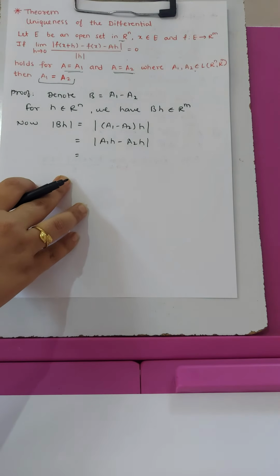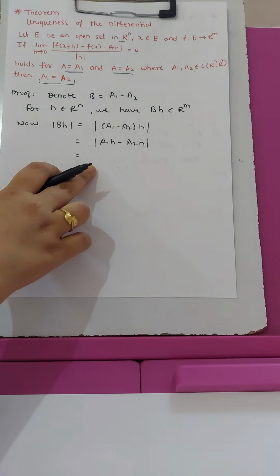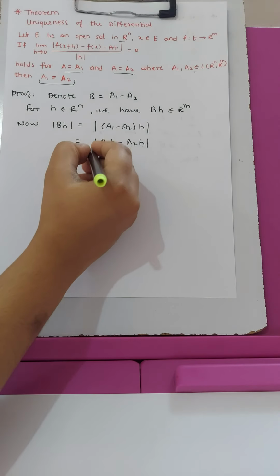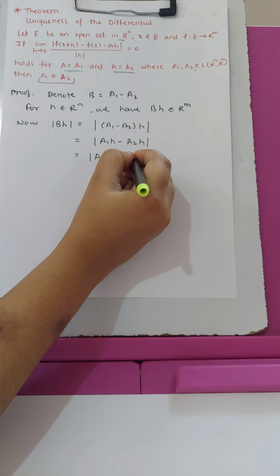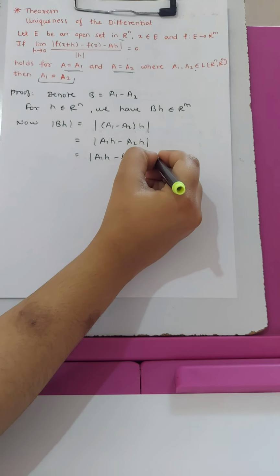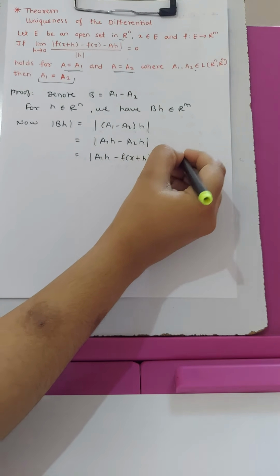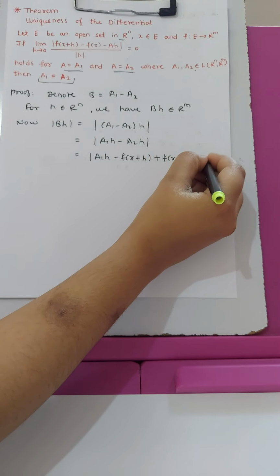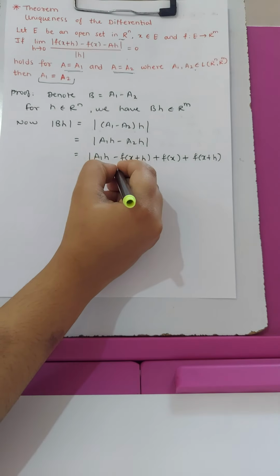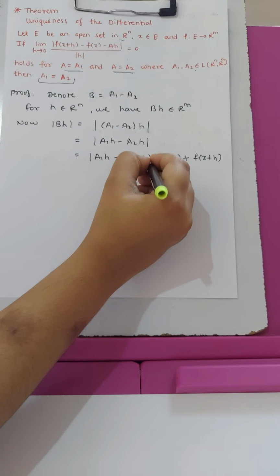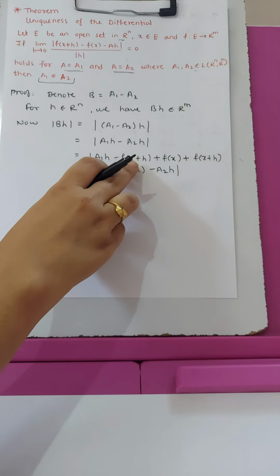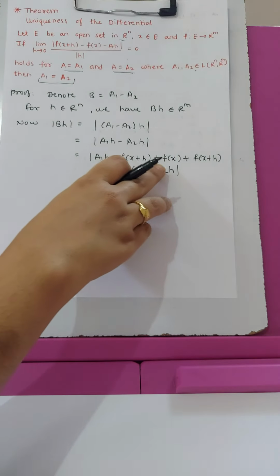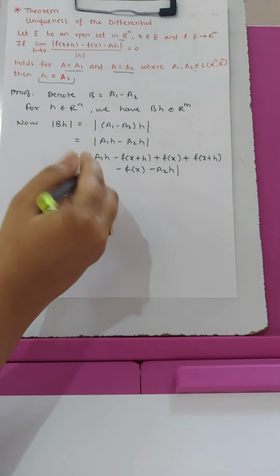Now we will add and subtract f of x plus h and f of x in this term. So A1 h minus f of x plus h plus f of x plus f of x plus h minus f of x minus A2 of h. We have added and subtracted f of x plus h and also added and subtracted f of x.